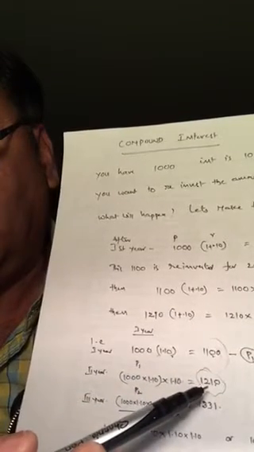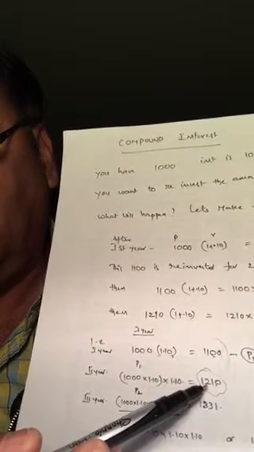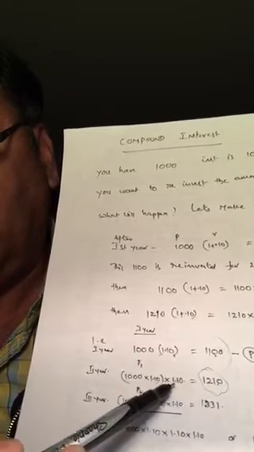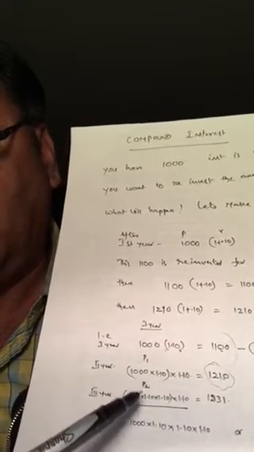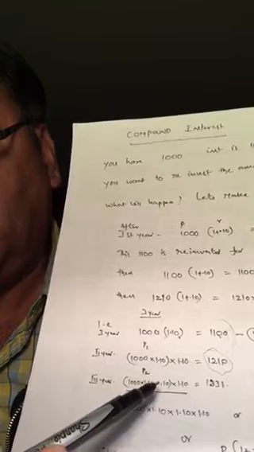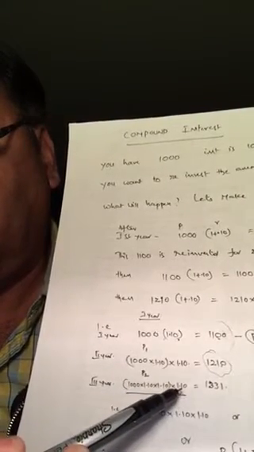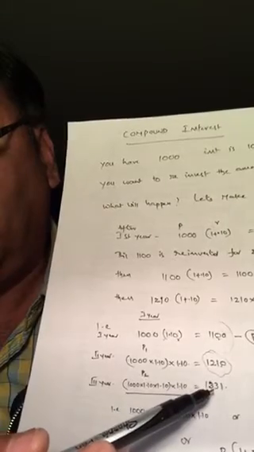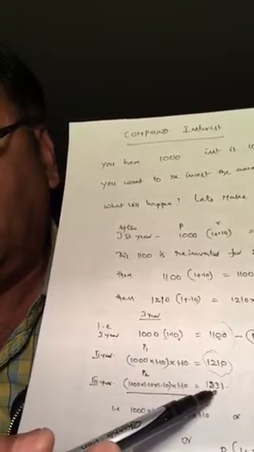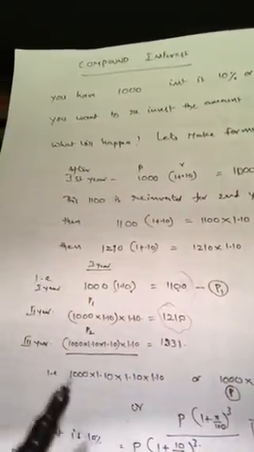Instead of writing this 1210, I can put 1000 into 1.10 into 1.10 into the interest rate for the third year, 1.10. So totally I am getting 1331 rupees. So what has happened here?